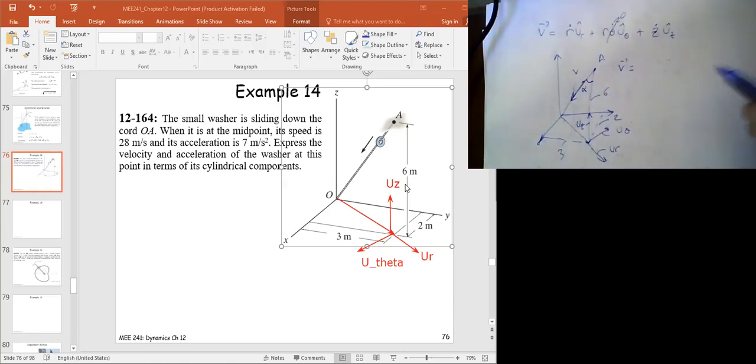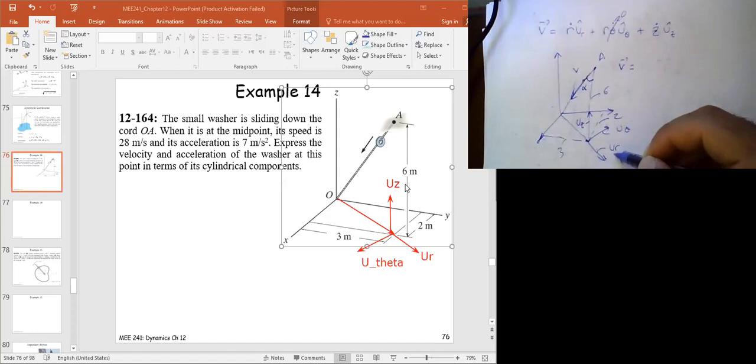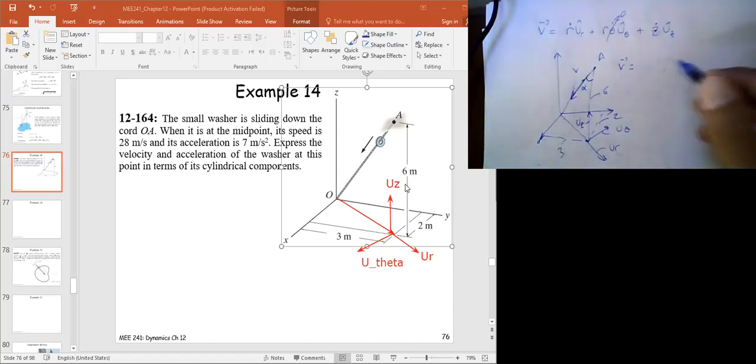Can we call this angle alpha? If this angle is alpha, then what would be the UR component of vector V? OA is a distance, right? Come on, guys, I'm sure some of you would know this.